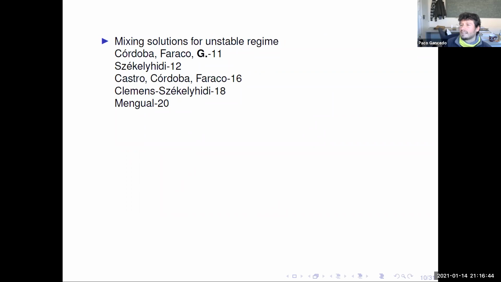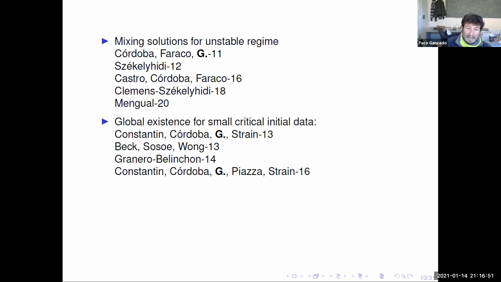The situation I'm telling you about is for immiscible fluids, so there is no mixing. There are global solutions for small data in a very general setting, in the critical situation, for critical norms. And critical means there is a scaling, and it is related with the slope. The L infinity norm of the slope is critical.